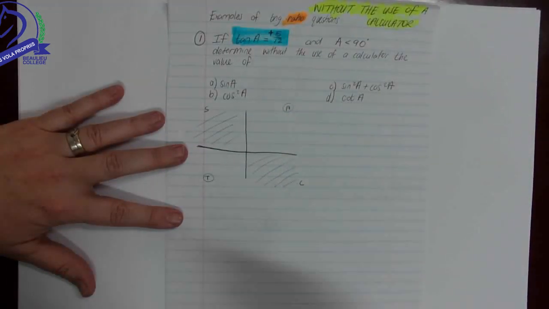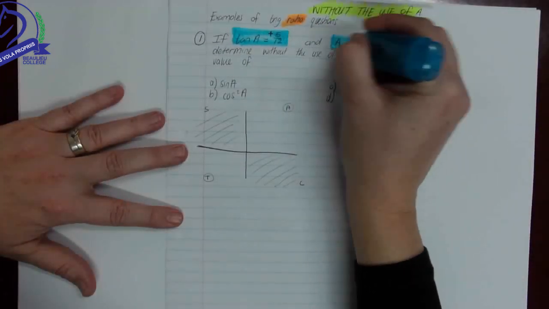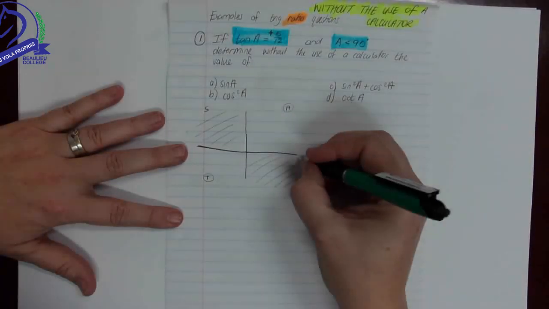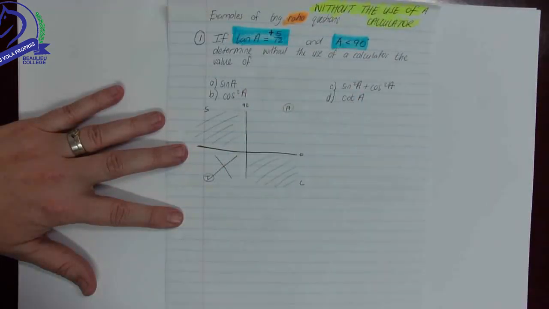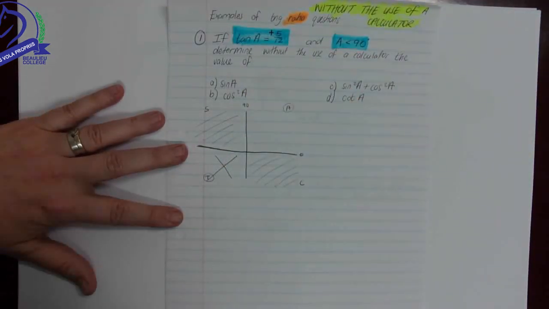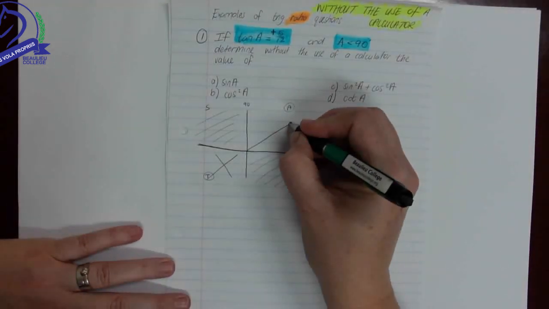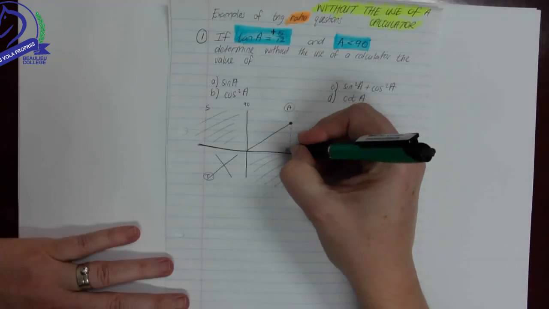So how do I find out which one I'm going to use? I need a second restriction. They're telling me that A is less than 90. So from 0 to 90, that means I'm not allowed to use the third quadrant. What are they giving me? They are saying that tan A is 5/12.